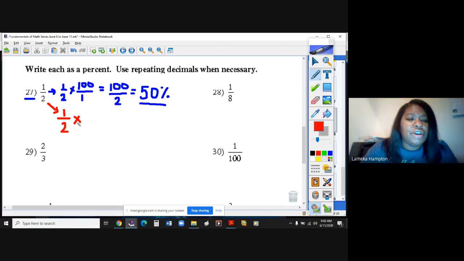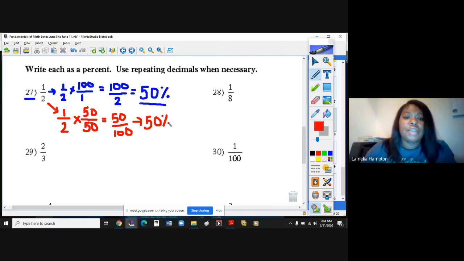And because I know that that is 50, I am going to multiply my bottom number by 50 as well as my top number. And when I do this, I'm simply going to have 50 over 100, because 1 times 50 is 50 and 2 times 50 is 100. Okay, now because they want this in a percent, I am simply going to write 50%.